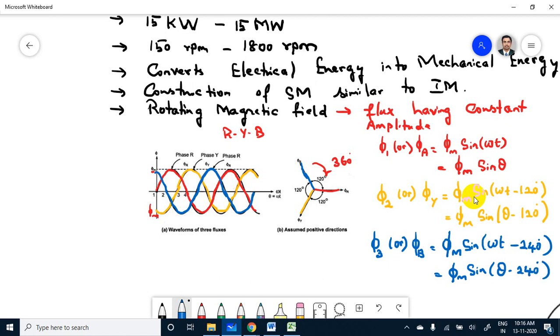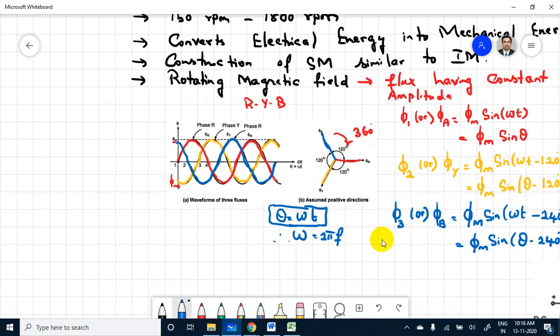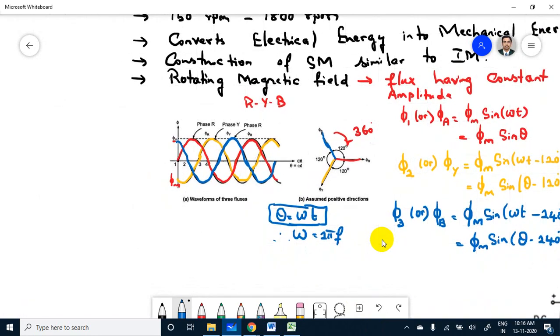Okay, so please take down that theta is an angle, theta equal to omega t, where omega is the angular frequency, omega equal to 2 pi f. You understand my point?